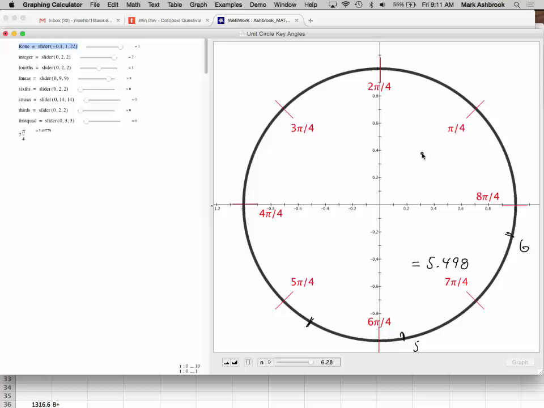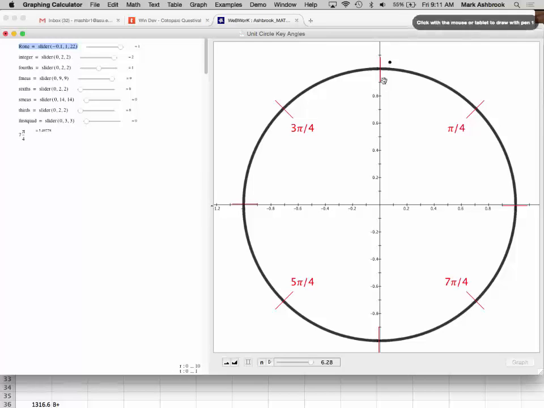Okay? All right, so those are pi over 4 angles, but we already know these, right? So 2 pi over 4, 4 pi over 4, 6 pi over 4. We already had those. So the top of the circle is what angle? Pi over 2. So it was 1 pi over 4, 2 pi over 4, that's pi over 2.